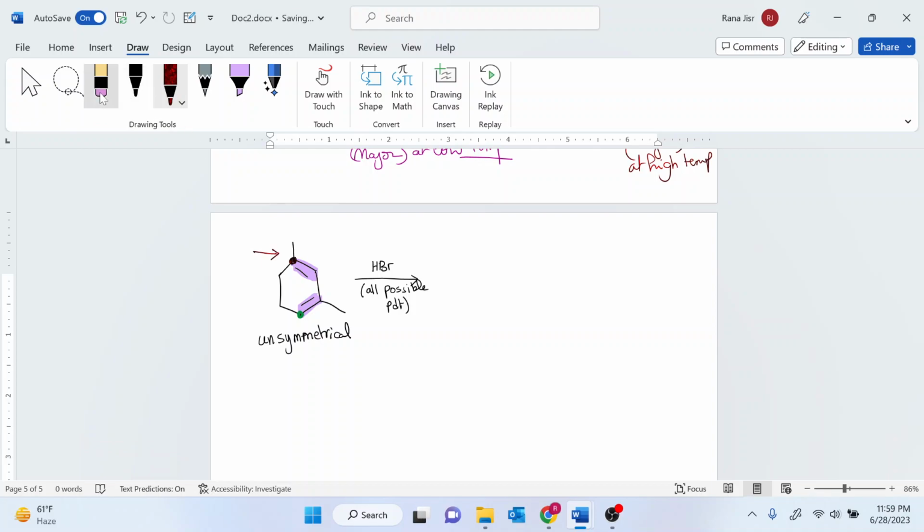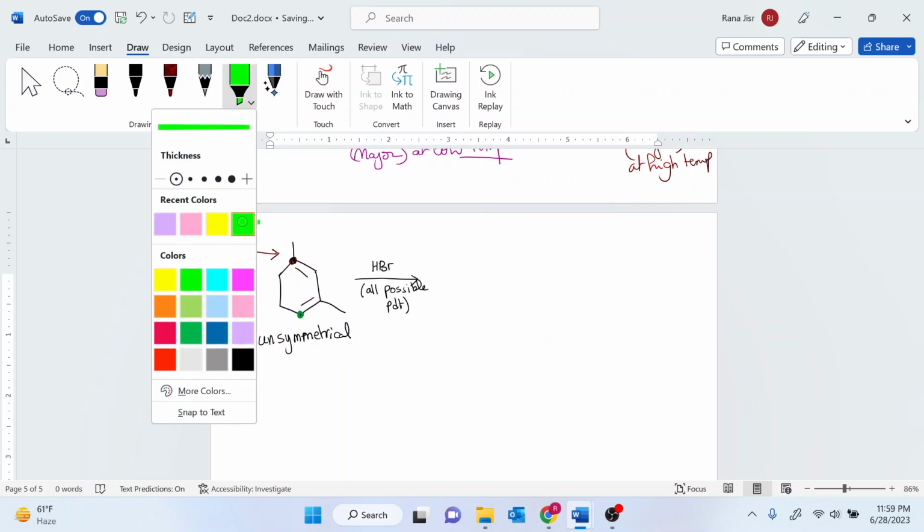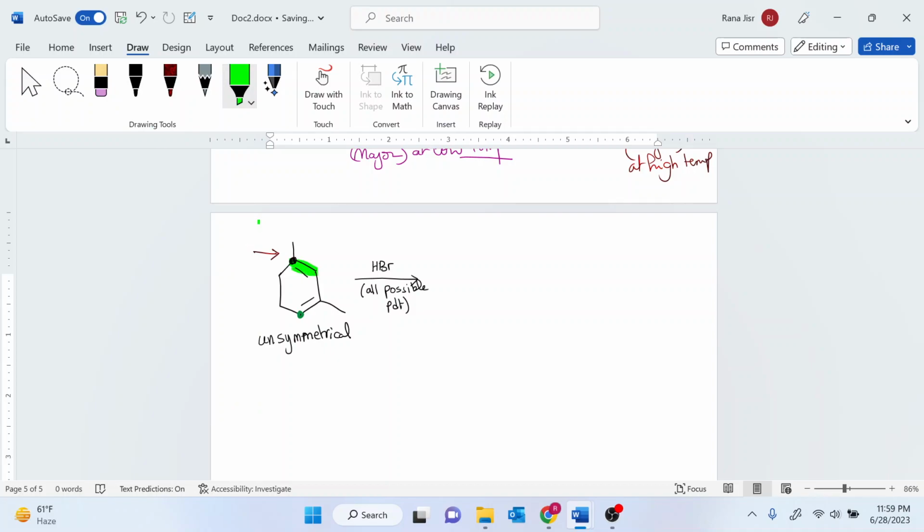Okay, I'm gonna go ahead and highlight my conjugated system because my addition is gonna be on my conjugated system. So my conjugated system is this double bond, the sigma bond, and this double bond. So this is gonna be my conjugated system over here. Okay, so I'm gonna start by numbering this as 1, 2, 3, and 4.